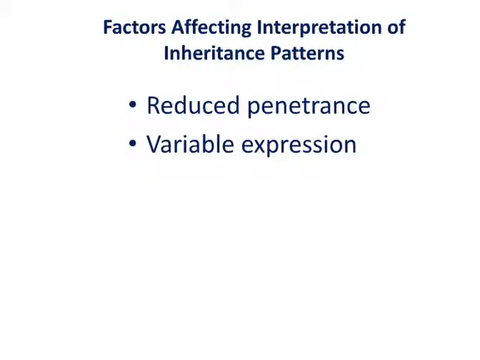Other disorders can show variable expression, and the range of symptoms can differ in different persons with the same genetic condition. For example, Marfan syndrome, caused by the same mutations in the fibrillin-1 gene, can result in mild symptoms in some persons or much more severe and life-threatening conditions in other persons.